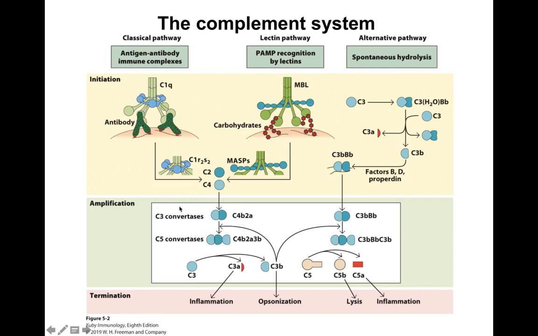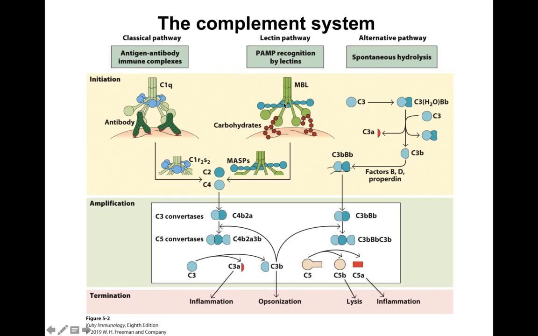This enzyme is able to take C3 and break it into C3a and C3b. C3a will go and be inflammatory, and then C3b can bind to other pathogens, or can bind to the C3 convertase, becoming C5 convertase. So that's how the classical pathway can be activated.